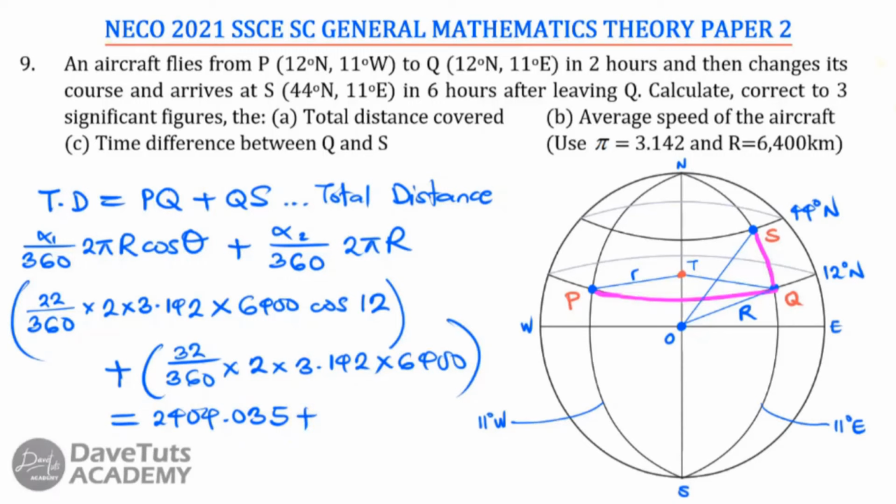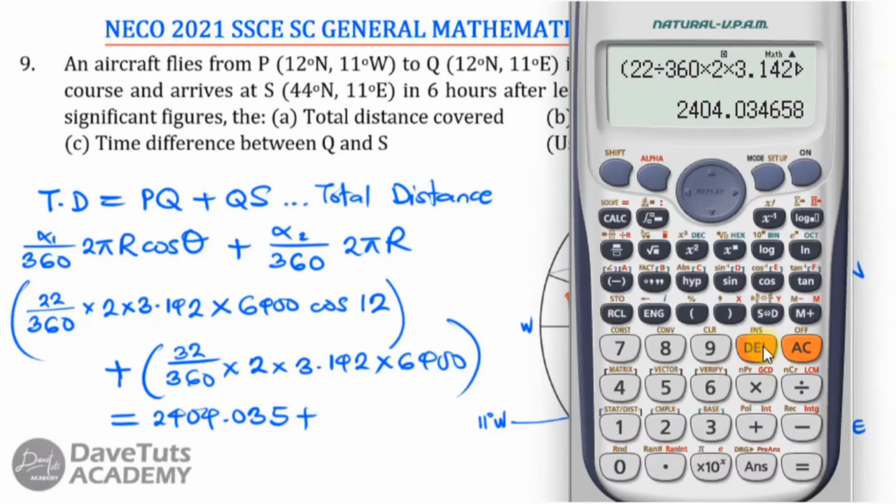In the other case, we have 32 divided by 360 multiplied by 2 times 3.142 multiplied by 6,400. So that is 3574.898.